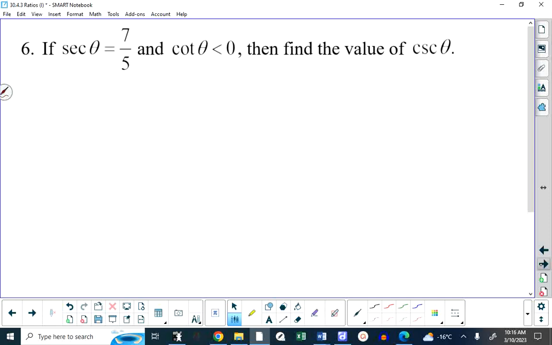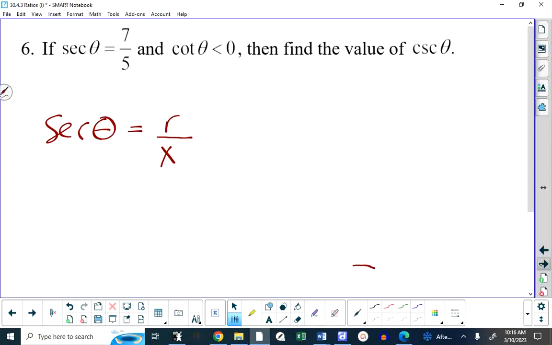So what we're going to do here is say, since secant of theta is r over x, and just the fact that I paused as I'm thinking about that tells you I'm thinking about it. I have never memorized these. I said secant is the reciprocal of cos, and in my brain I said cos is x over r.